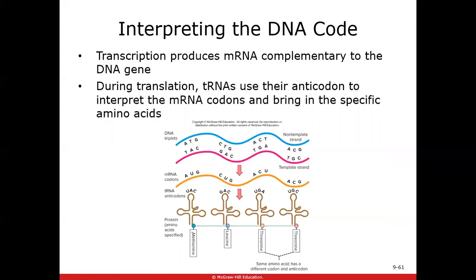It's important to understand this slide: messenger RNA is produced from this DNA, and from the messenger RNA, it has corresponding transfer RNAs, and the transfer RNA has a corresponding amino acid.